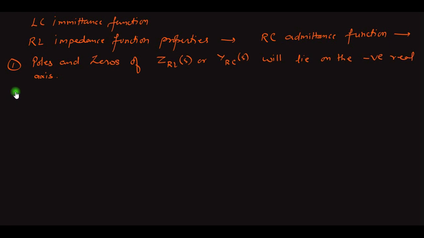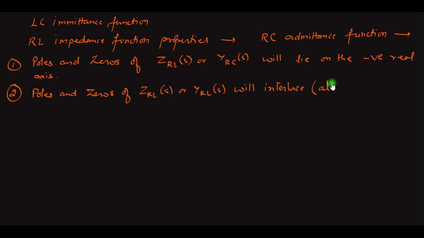Now, the second property will be: poles and zeros of ZRL or YRC will interlace each other. Interlace, or the other word would be alternate each other.